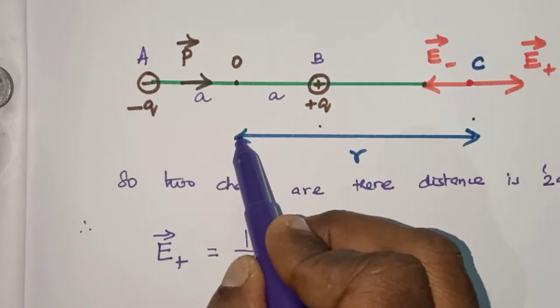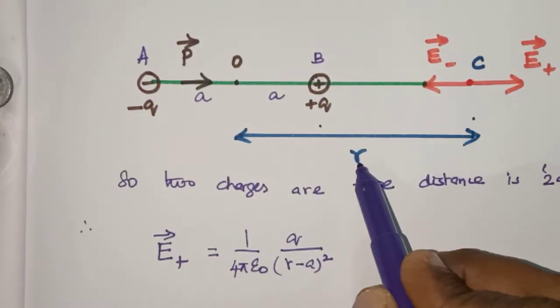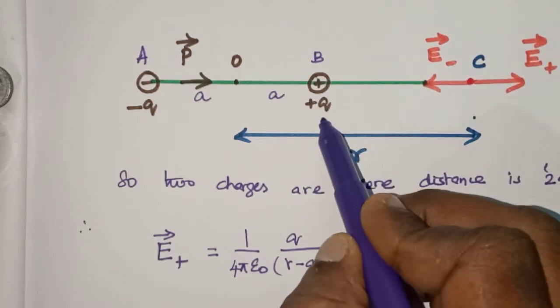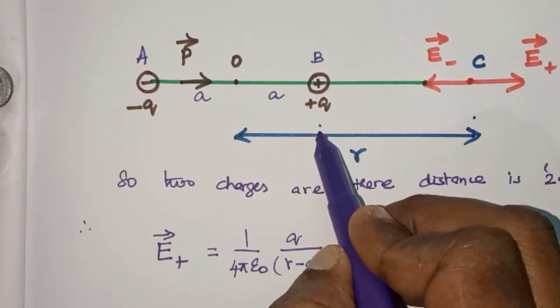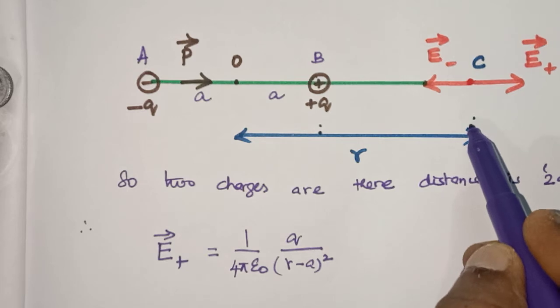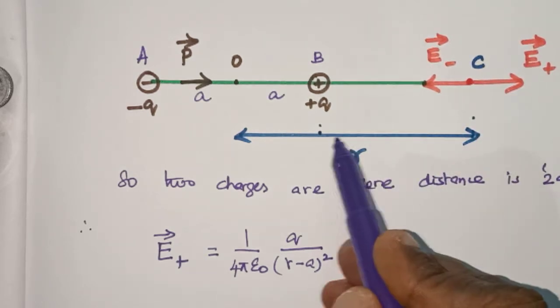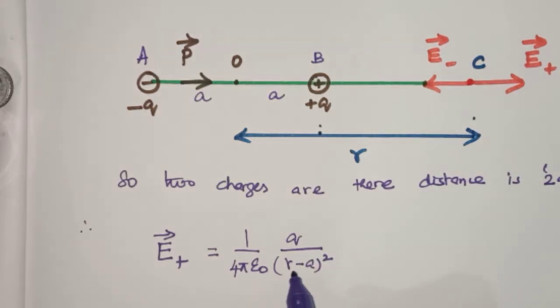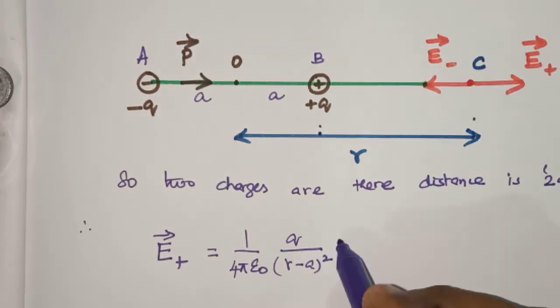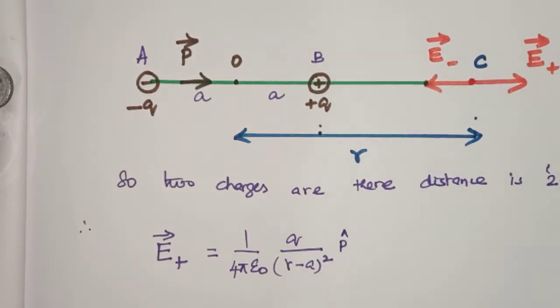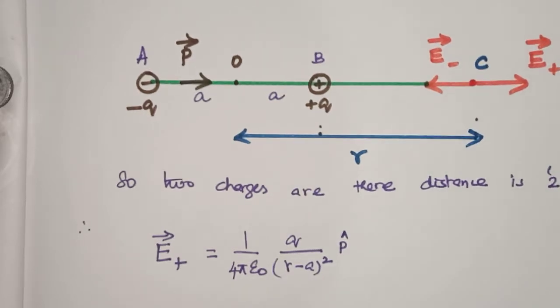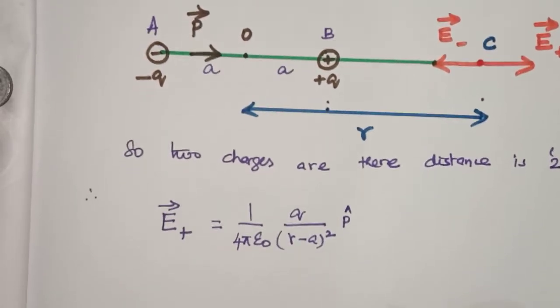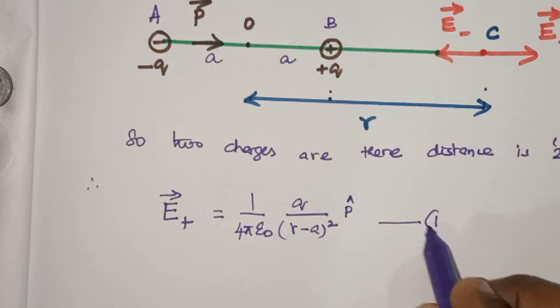Fully from O to C is R, and I am calculating only B to C. Totally R, this distance is A. So this is R minus A whole square into P cap. This is equation number 1.